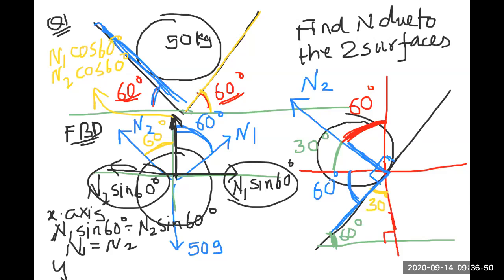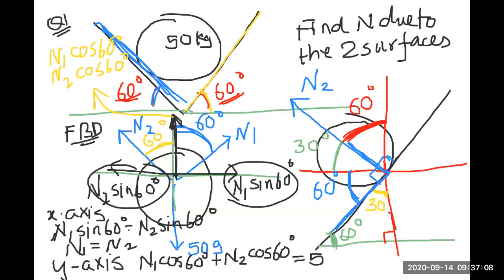And along the y-axis we have n1 cosine 60 degrees plus n2 cosine 60 degrees. This is the total force acting along the positive y-axis. Must be equal to 50 G. Now, since N1 is equal to N2, right, we can say that let this be equal to N, let's say.